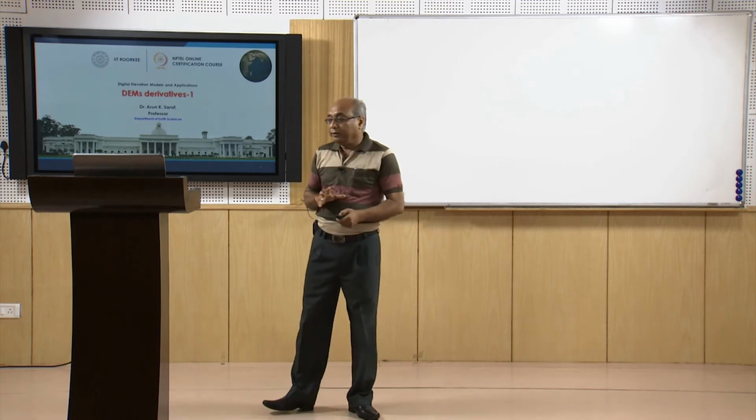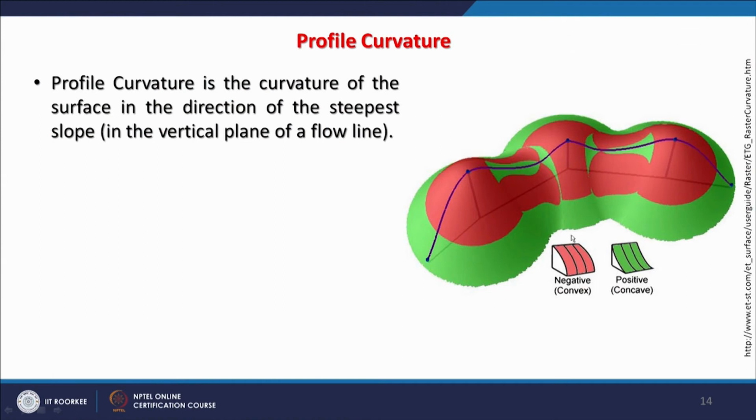What is profile curvature? It is the curvature of the surface in the direction of the steepest slope, which is the vertical plane of the flow line. Here we can see the directions of steepest slopes. The red ones show the negative or convex profile curvatures, whereas the green, concave ones show positive profile curvature.